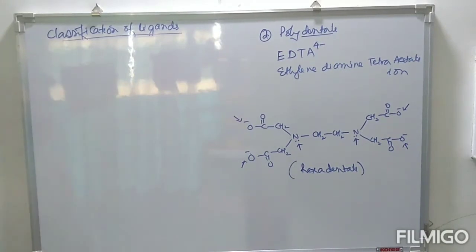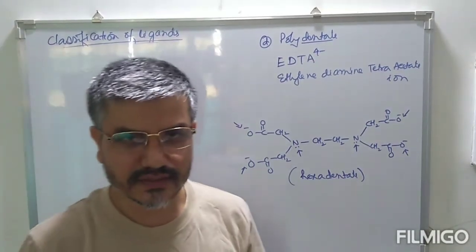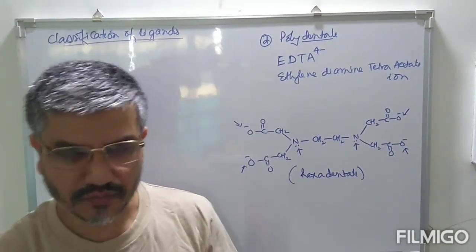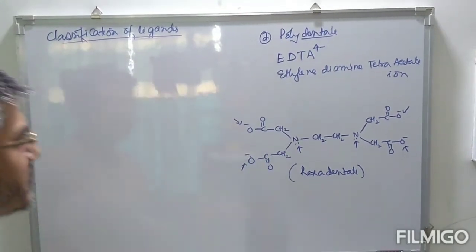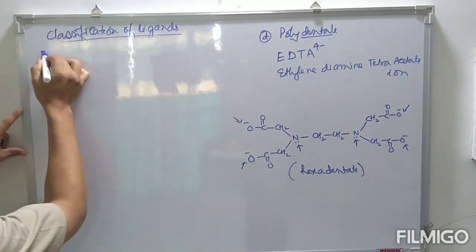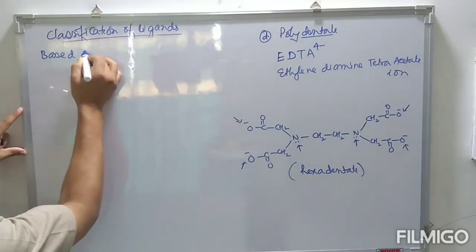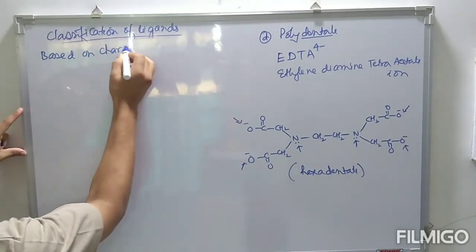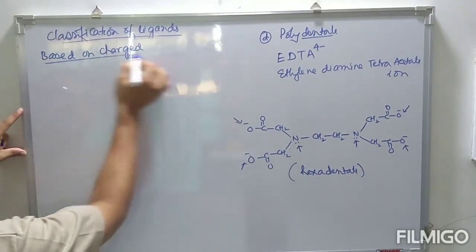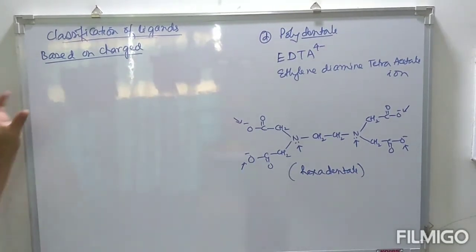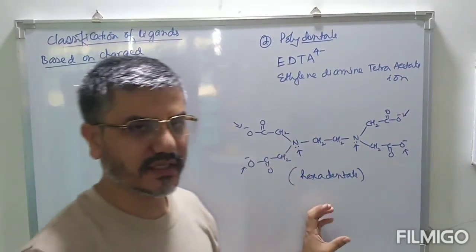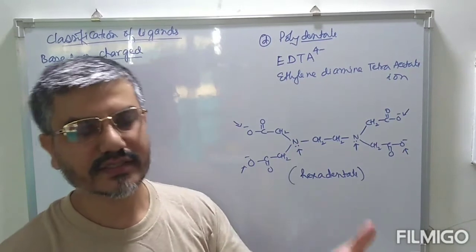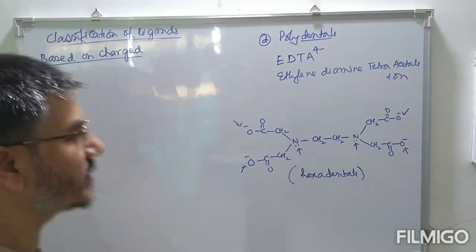These ligands may contain charges or may not contain charge. So based on charge, these ligands are classified as anionic ligand, cationic ligand, or neutral ligand.